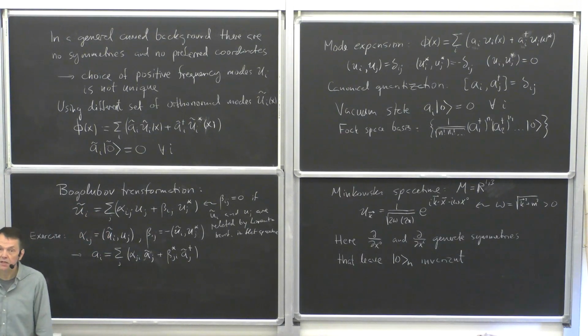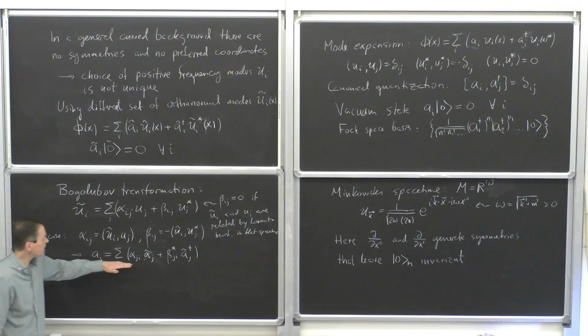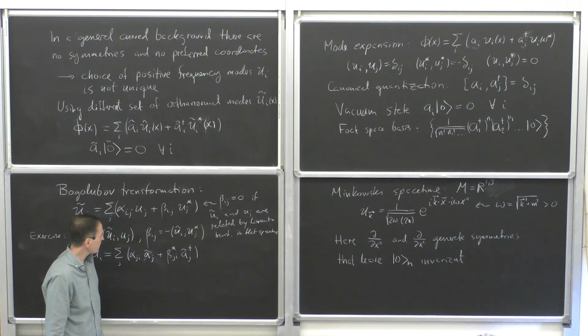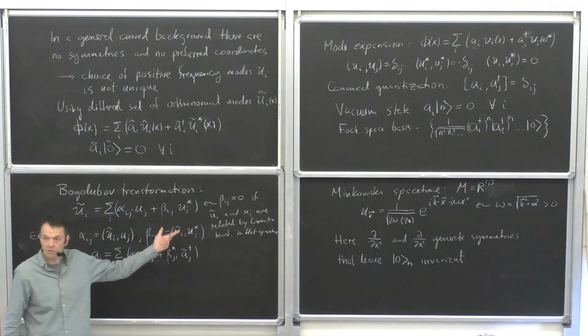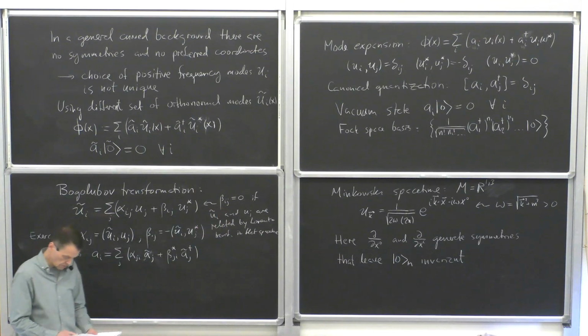This means that if I take the original vacuum and apply these operators to it, it is clearly not a vacuum state in the other representation unless beta is non-vanishing.